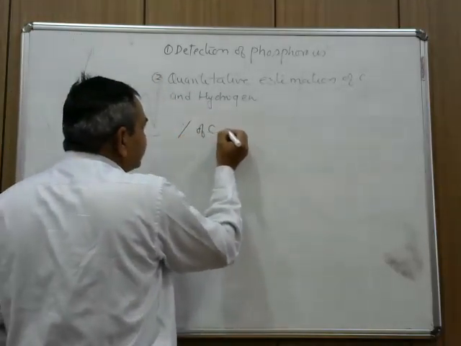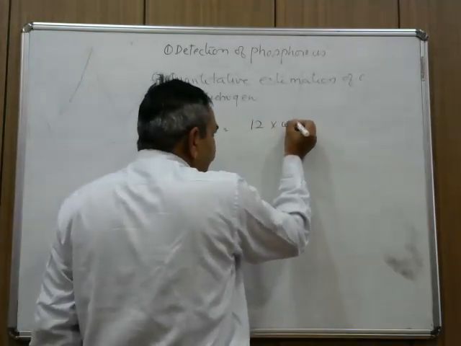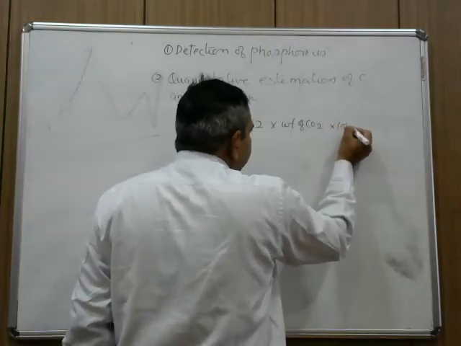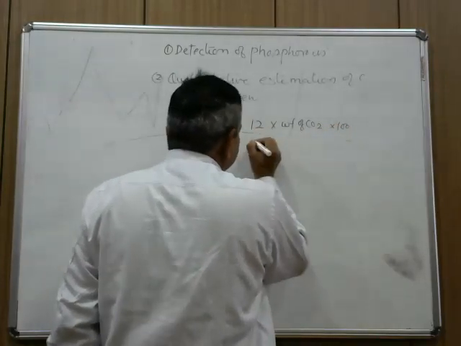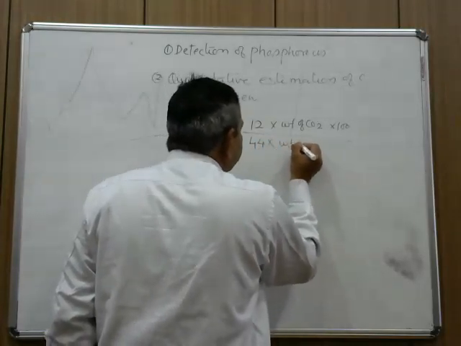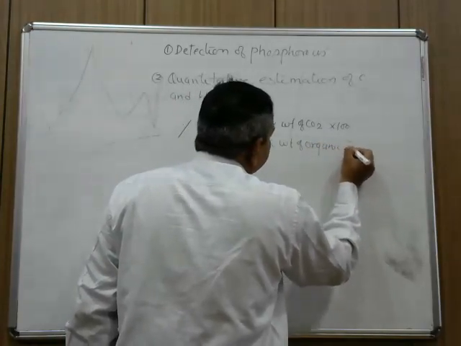Percentage of carbon is given by 12 into weight of carbon dioxide formed into 100 upon 44 into weight of organic compound taken.